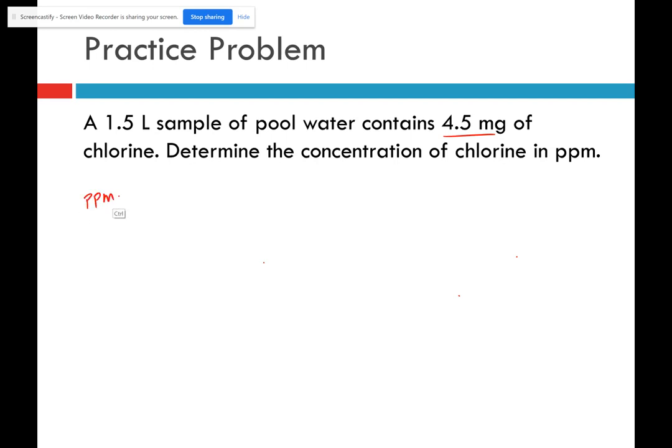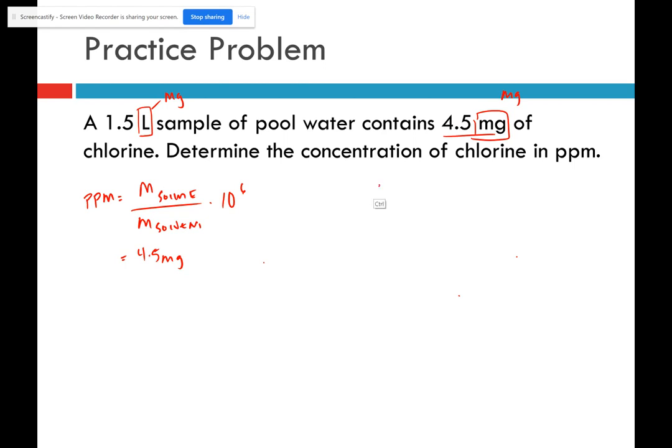So parts per million is going to be the mass of our solute divided by the mass of our solution, times 10 to the 6. We need the solution mass to be in milligrams because the solute is in milligrams. So this is 4.5 milligrams, but we need to convert 1.5 liters of water into milligrams.